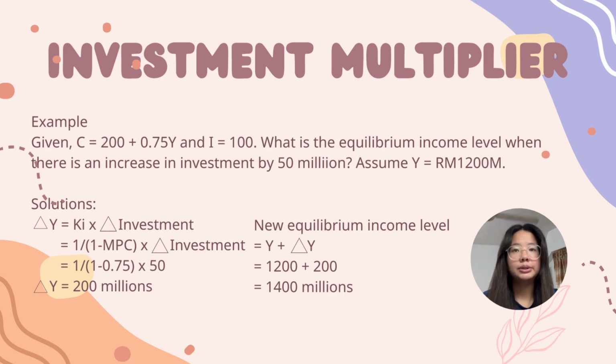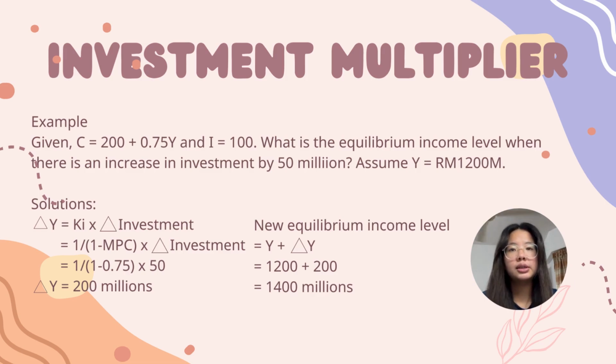So here is the example. Given that C equals 200 plus 0.75Y and I equals 100, what is the equilibrium income level when there is an increase in investment by 50 million? Assume Y equals 1,200 million ringgit Malaysia.